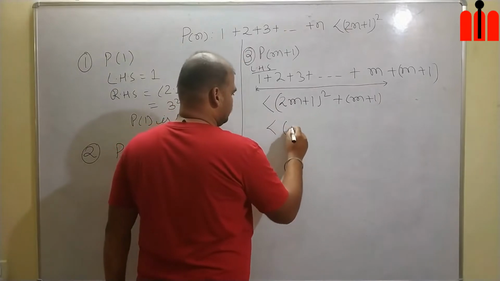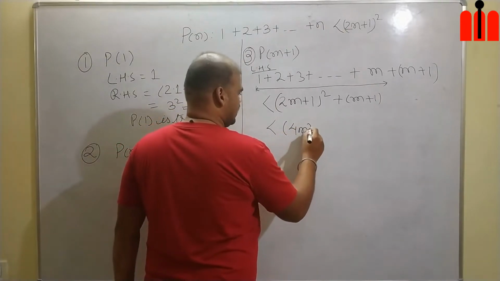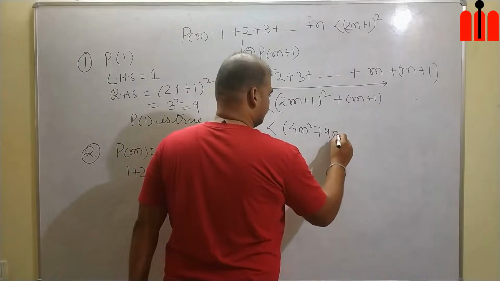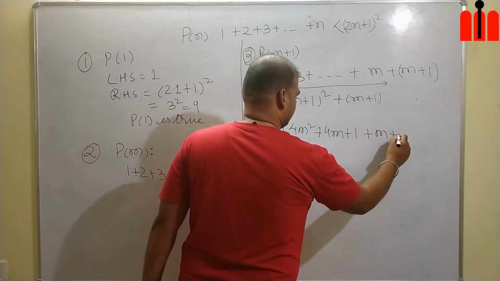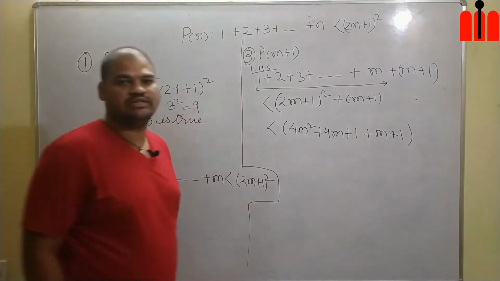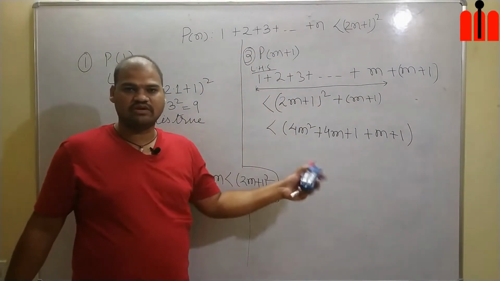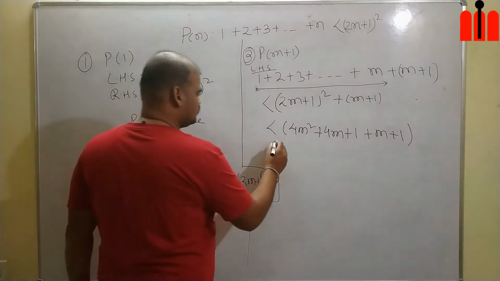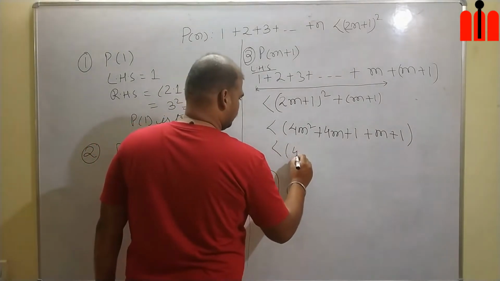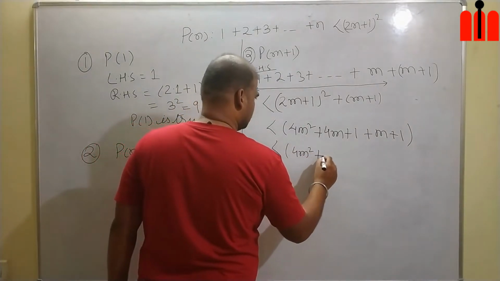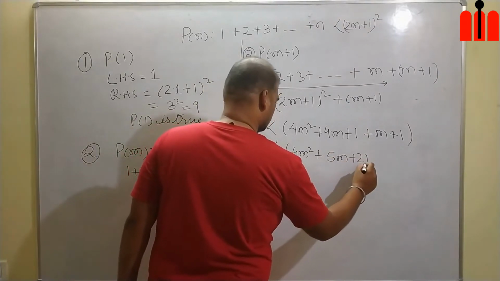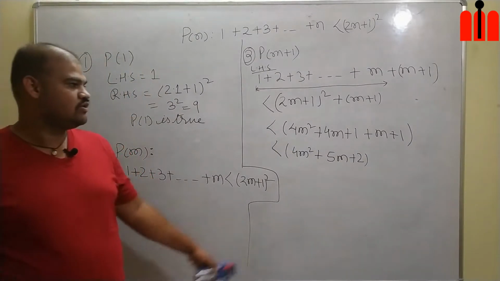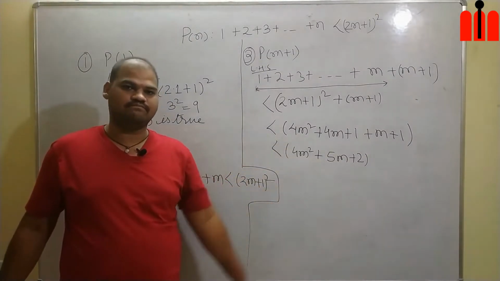This will be 4m² plus 4m plus 1 plus m plus 1. Any doubt in this? We had expanded (2m+1)². Now this will be less than 4m² plus 5m plus 2.